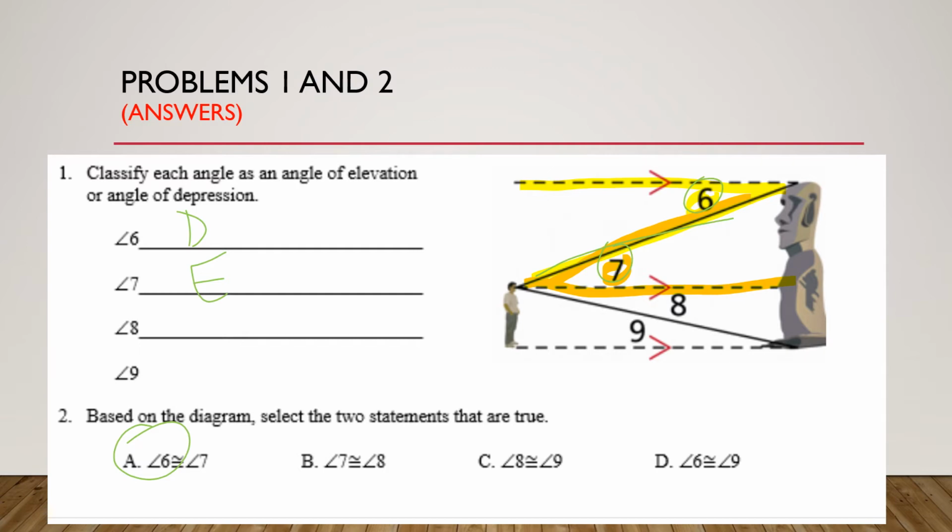If I then look at, I'm going to erase these so we don't get confused. If I then look at where angle 8 is, here's my horizontal line, here's my line of sight. Angle 8 is below that horizontal line, so it is an angle of depression.